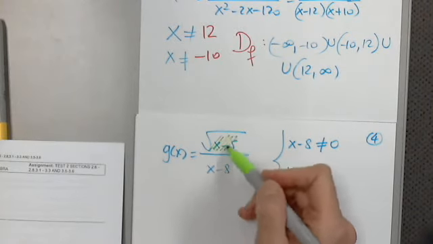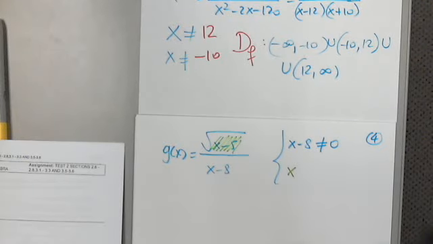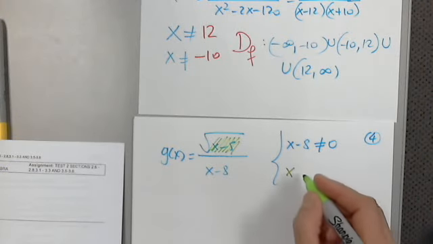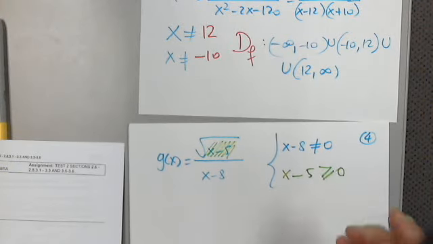What can this quantity be? What type of number? Has to be positive, or I can take the square root of 0. I have to include that. That's a possibility. So I have to write x minus 5 greater than or equal to 0.